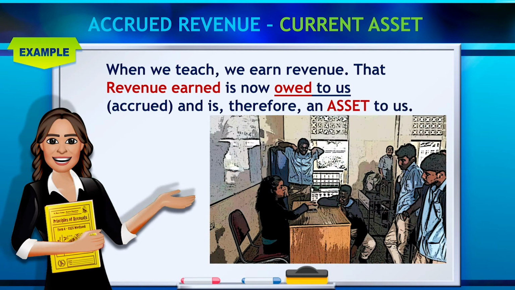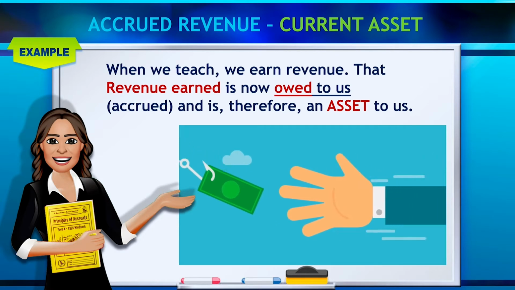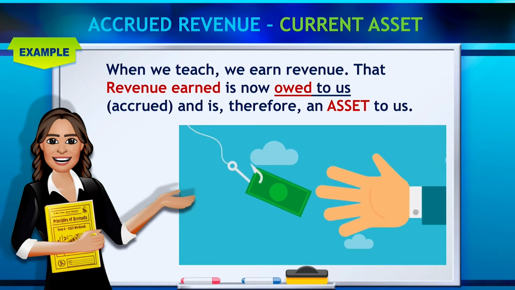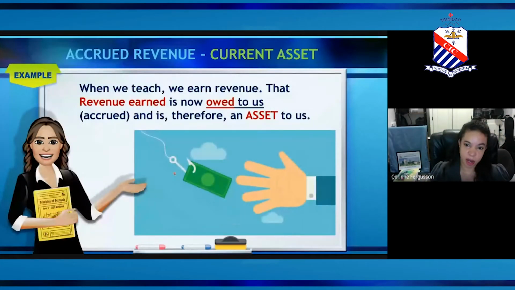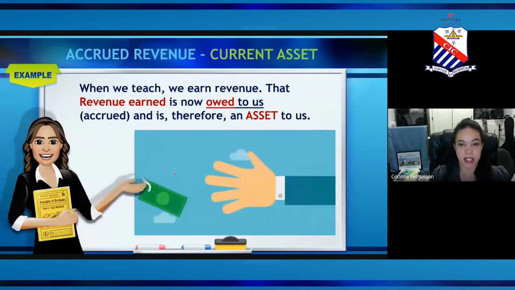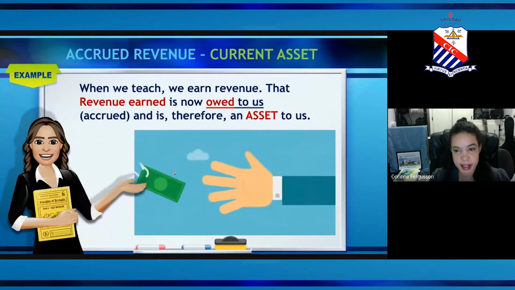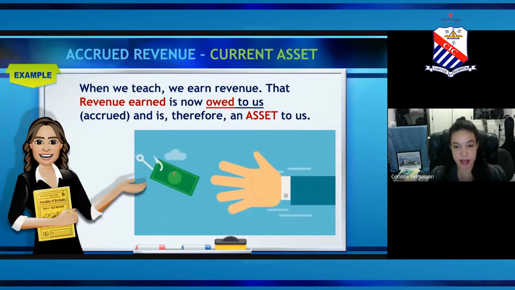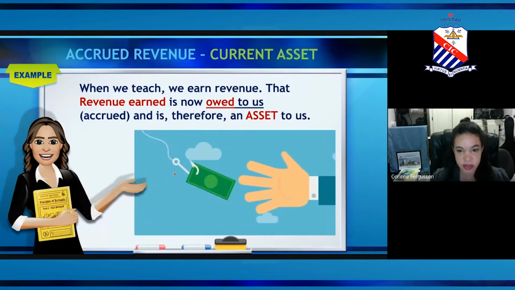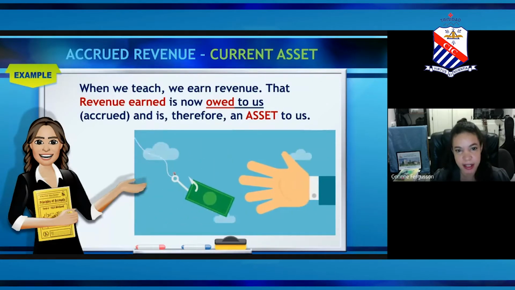That revenue earned is now owed to us, and that's what accrual means, right? It's owed to us. Since we are earning it, it is being accrued as we go on, because we're not going to get it until the end of the month. So it is now owed to us, which is accrued, and is therefore an asset to the person that is earning it. So right now, I'm earning money, current asset.